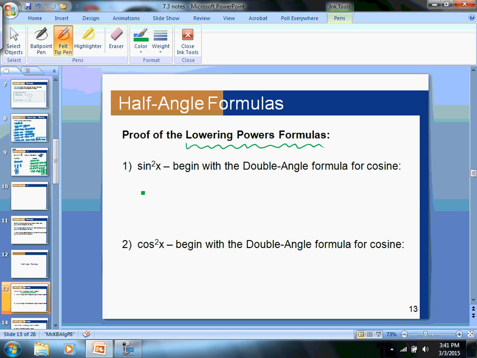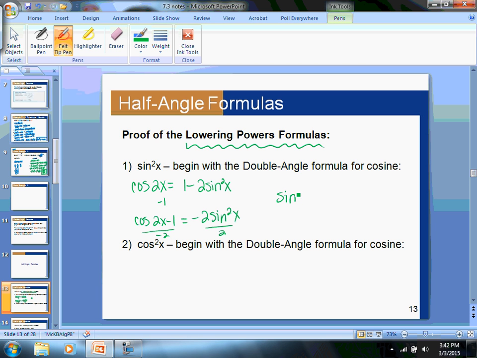Okay, so I'm going to start for the sine squared x. I'm going to start with, I know it seems funny, but the double angle formula for cosine. So I have cosine of 2x, and I'm going to start with the one that had the sine in it, which was 1 minus 2 sine squared x. Okay, now if I'm trying to solve this for sine squared x, I would subtract the 1 over. So I would have cosine 2x minus 1 equals negative 2 sine squared x. Okay, then I would divide everything by negative 2.